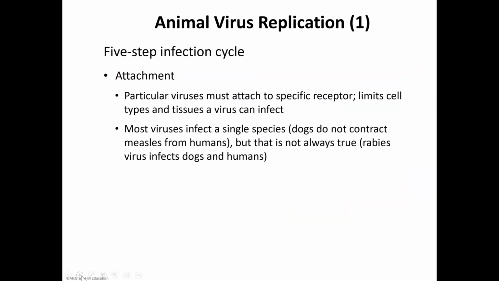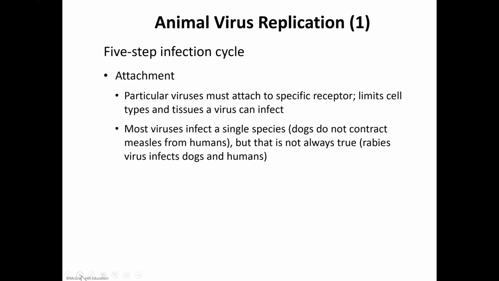So we're going to attach from the virus to the host cell. The virus has receptors that have to match the host cell. What this does is it limits the virus's infectability. Viruses can only infect certain types of cells.